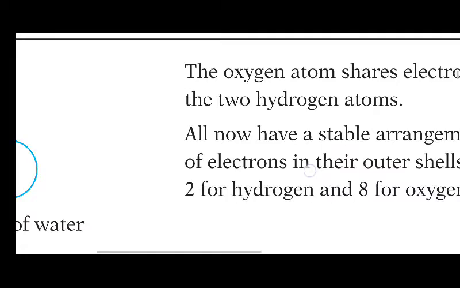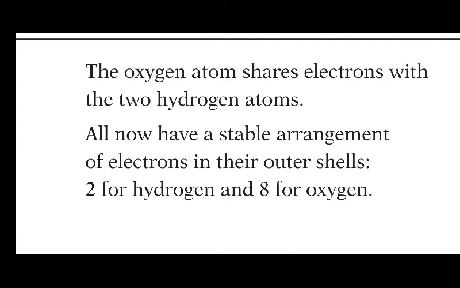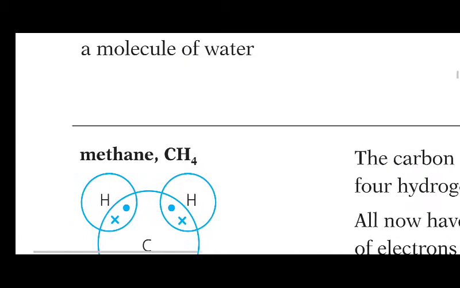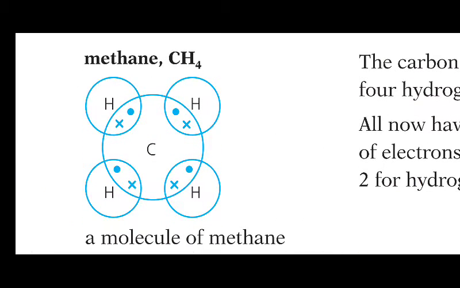Now let's go to the write-up. It says the oxygen atom shares electrons with the 2 hydrogen atoms. All now have a stable arrangement of electrons in the outer shells, 2 for hydrogen and 8 for oxygen. Okay. Now let's see the third example of covalent compounds. Now we have methane.